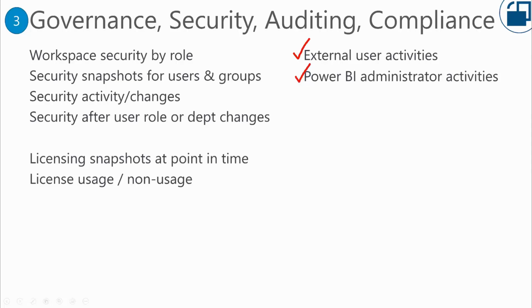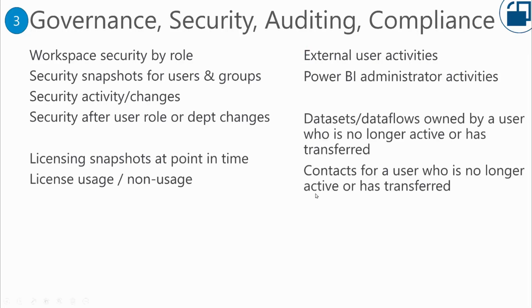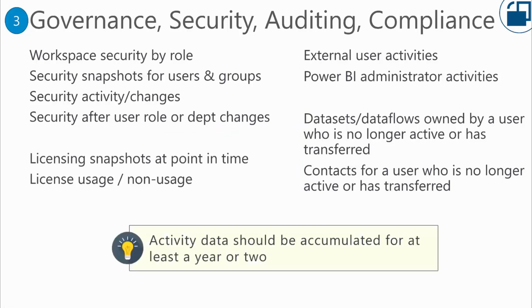So trust but verify, and make sure that there is no abuse of the role occurring. And then we've got things kind of related to what we talked about here. Maybe if we've got people that have transferred, but we still have content that's owned by them, there's still contacts assigned, things like that. When we start marrying up that data, we can do some very interesting reporting.